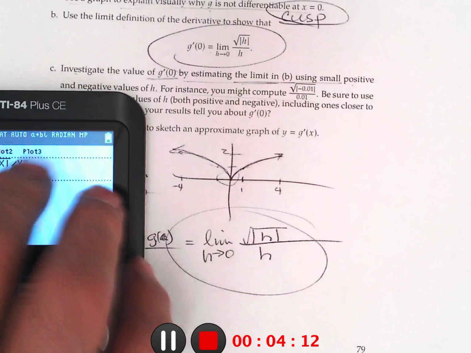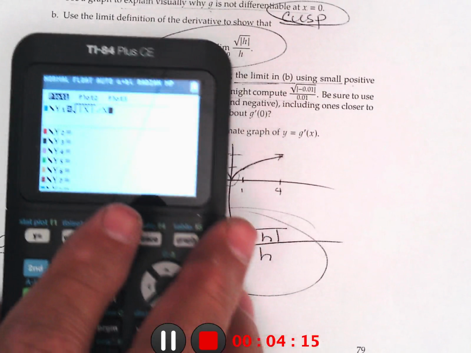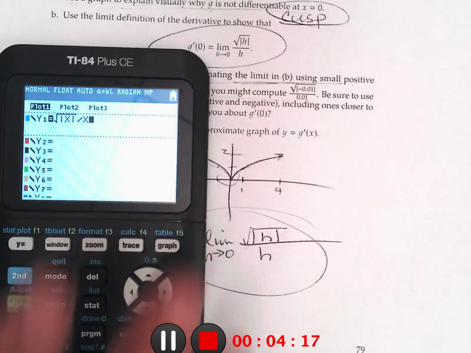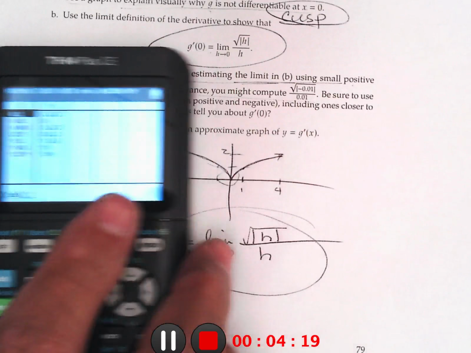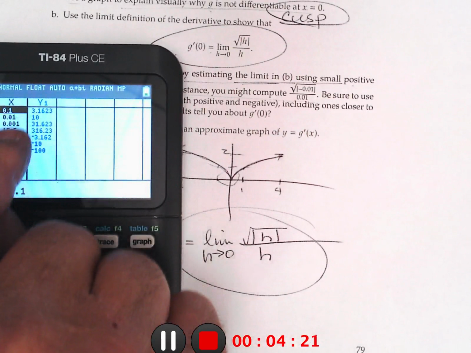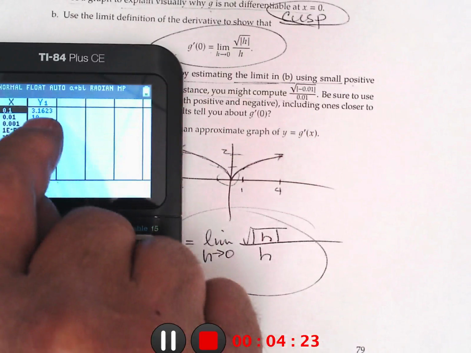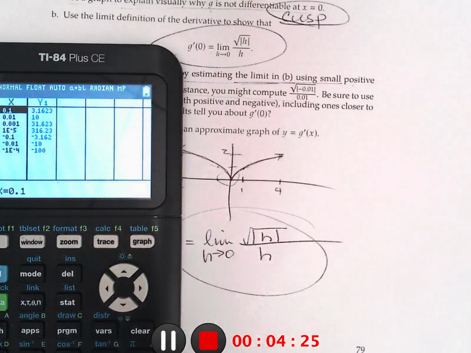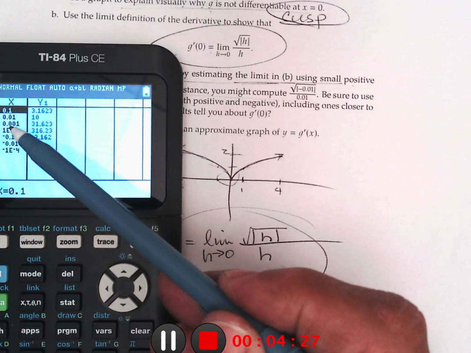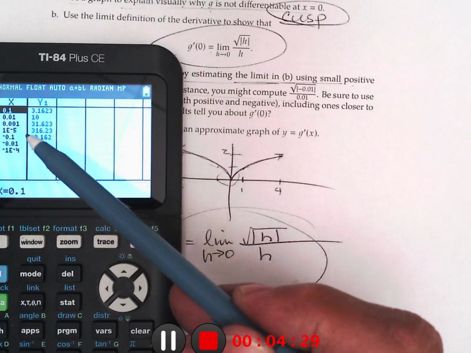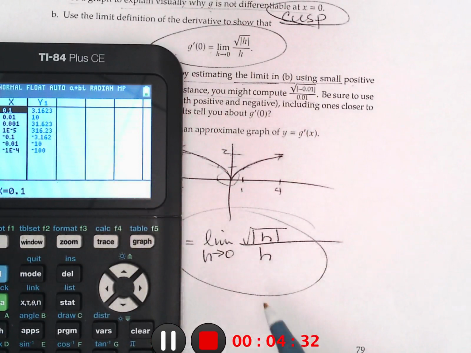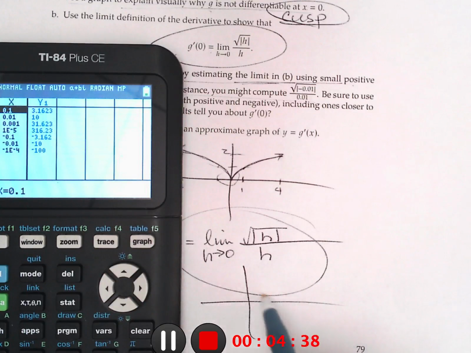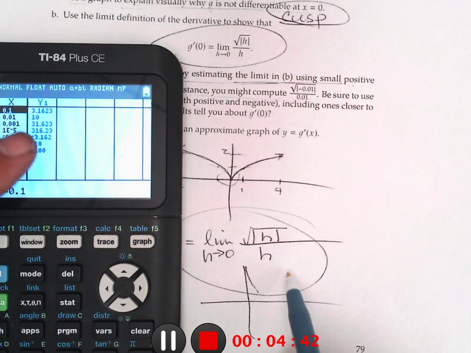We'll do that in the second table, and here I've already put in values close to 0. It looks like as we get closer and closer to 0 on the positive side, we get bigger and bigger, like 316 and more. And if we go further out, it's probably going to go closer to 0.